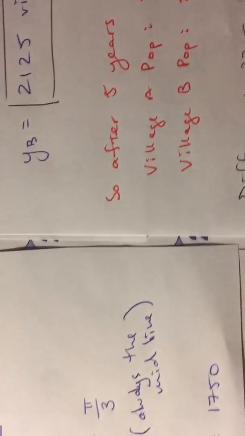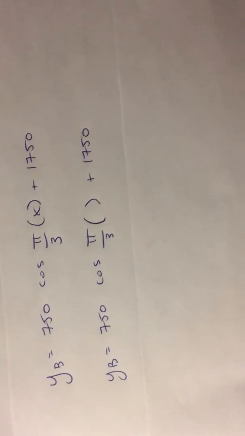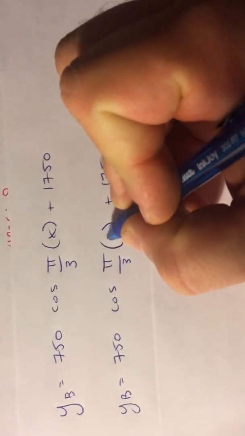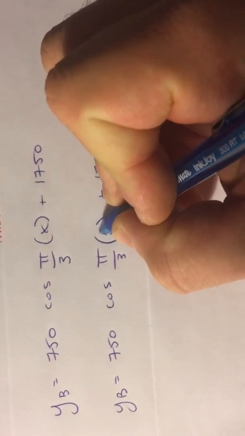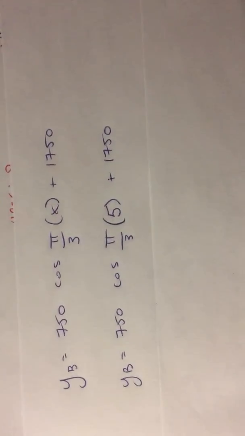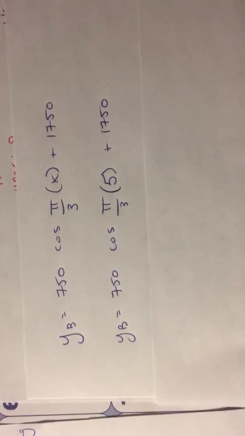So what do we do here? We've got a function that I laid out here knowing A, B, H, and K, and I'm interested in finding out what the population will be in x equals 5 years. So I plug 5 in where my x was. 5 pi divided by 3.